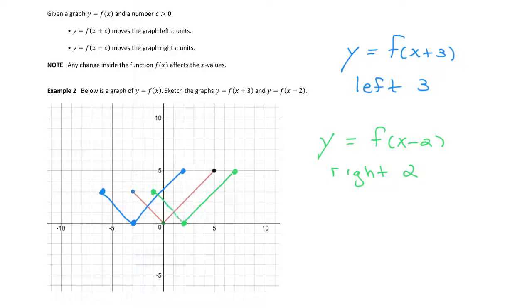So the green graph represents f of x minus 2. So this would be a horizontal shift. And the reason for that is if you're changing only the x's, that means you're moving either left or right. If you can keep in mind that the opposite happens when you change your x's as opposed to your y's, that'll help out a lot for the next examples coming.